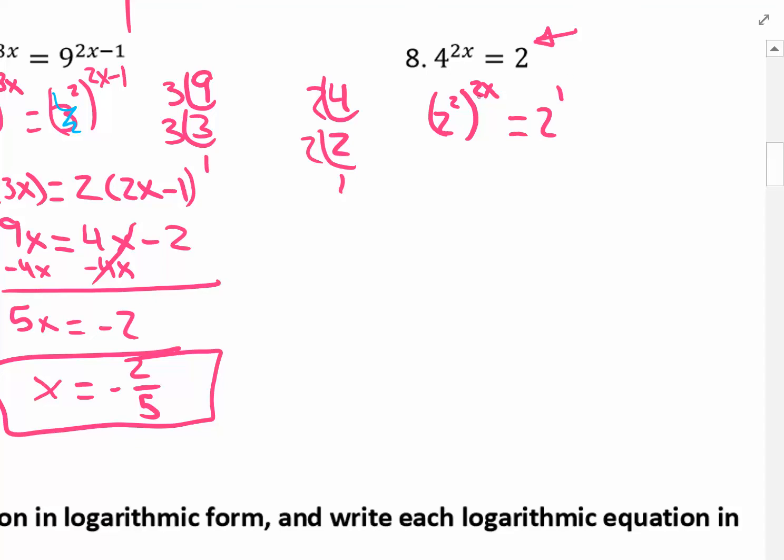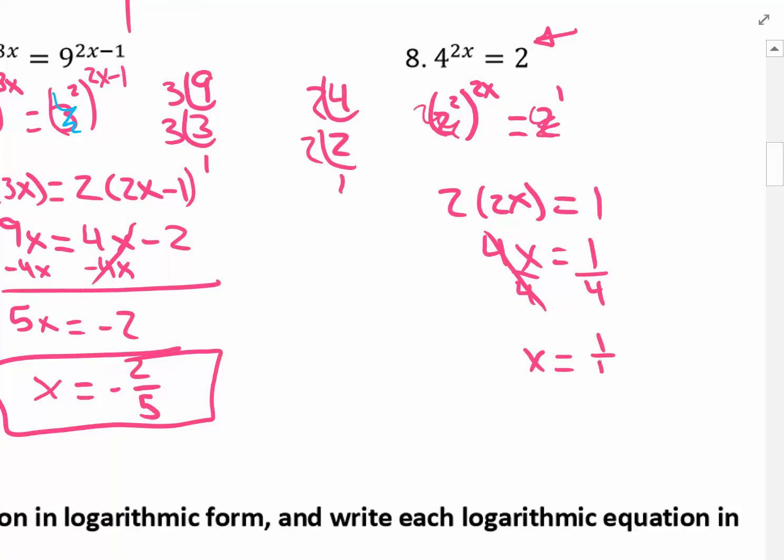Now we can go ahead and cross out those 2's. So we have 2 times 2x equals 1, so 4x equals 1. We're almost done. How do we stop multiplying by 4? Divide it. Done. Final answer.